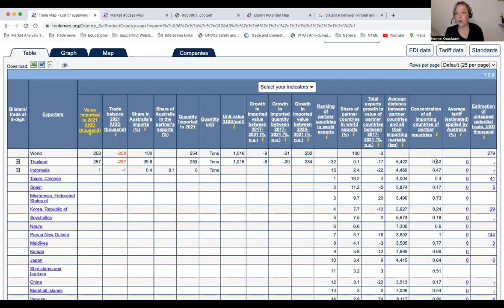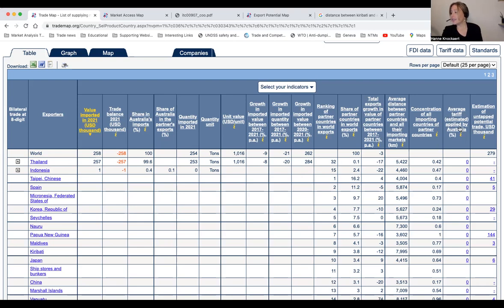And once it's over 0.18, this is a very concentrated market. And this is actually confirmed here. So 0.42 shows you that the Thai distribution of this fish is very concentrated. Same for Indonesia, same for Chinese Taipei, and so on.